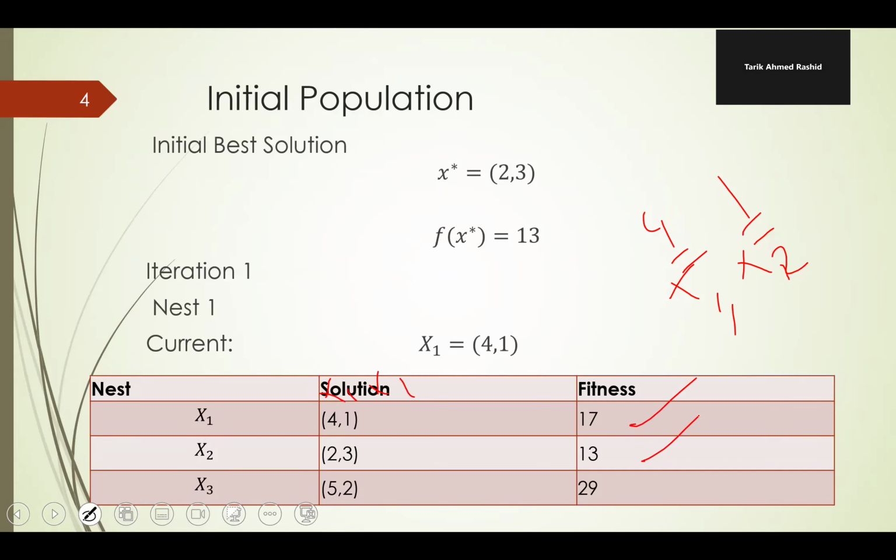And 5 square is 25, plus 2 square, 4, 25 plus 4 is 29. So the best solution is this one, the minimum solution. We take the minimum of these. That's the initial iteration for nest 1, x equal to 4 and 1.